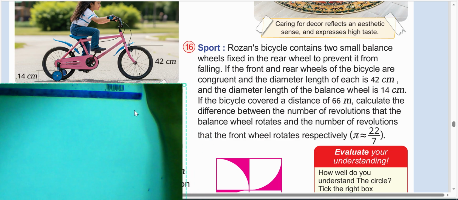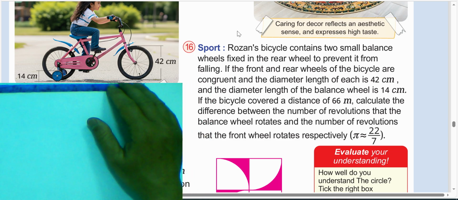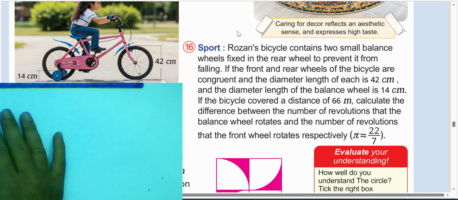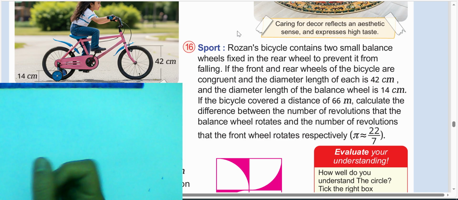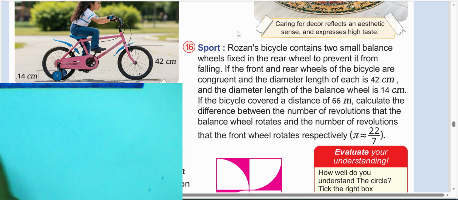We have two wheels here, first and second. We can find circumference 1 and circumference 2, and then find revolution 1 and revolution 2, and find the difference between them.